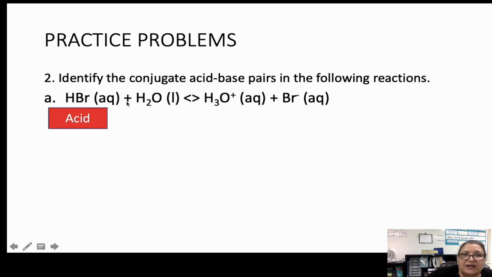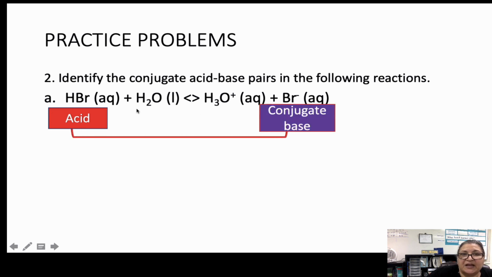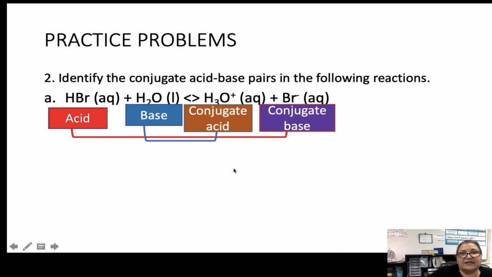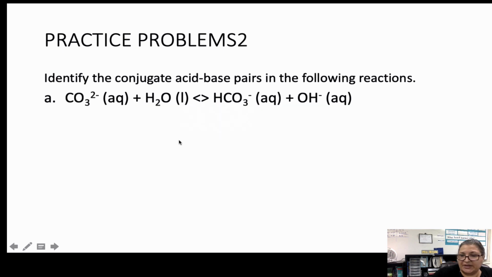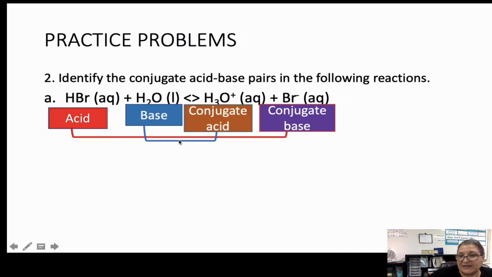Okay, we know for water here it gained one hydrogen. That means it's a base. HBr is my acid, and after it loses a hydrogen, it's a conjugate base. And then the water is the base, and after it gains a hydrogen, it's the conjugate acid. Sorry, I went through that fast.